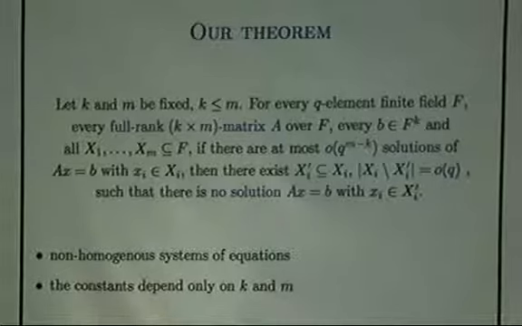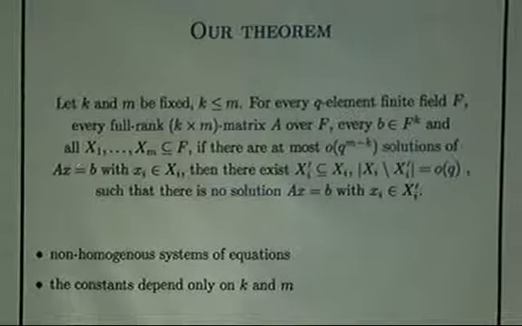It doesn't really make sense to fix the matrix, because for every finite field we need to fill in the matrix with the elements of that finite field. Then for every q-element finite field, we consider a full rank matrix with k rows and m columns, and an arbitrary right hand side. The system of equations doesn't need to be homogeneous.